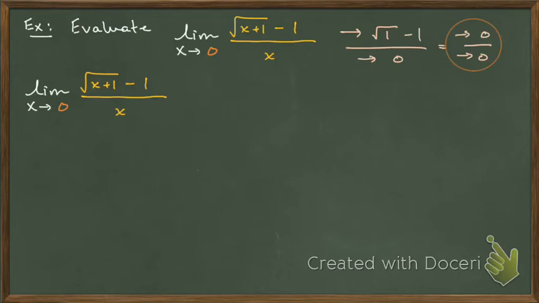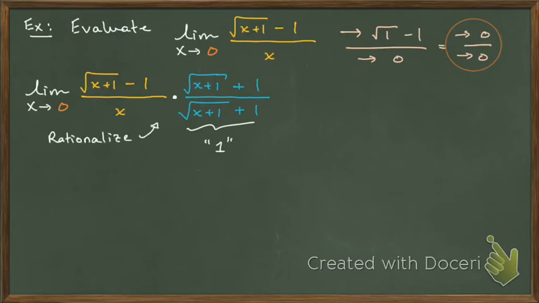So what we do in a situation like this is we multiply by 1, and that 1 is called the conjugate divided by the conjugate. We take what's in the numerator with our radical, we change the sign in the middle of that binomial, the 2 terms, and we multiply by the conjugate.